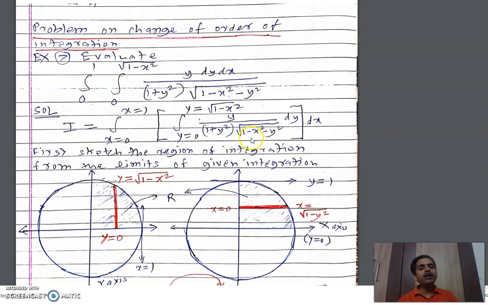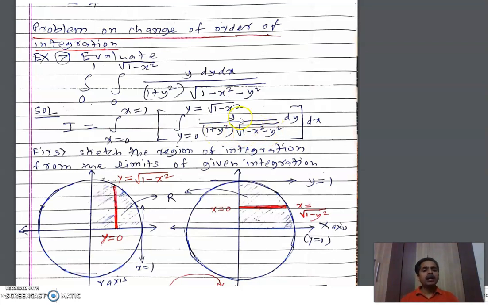Conversely, if we integrate with respect to x first, in that case y will be constant, so numerator y will be constant, and denominator 1 plus y square will be constant. Also in the square root 1 minus y square will be constant.